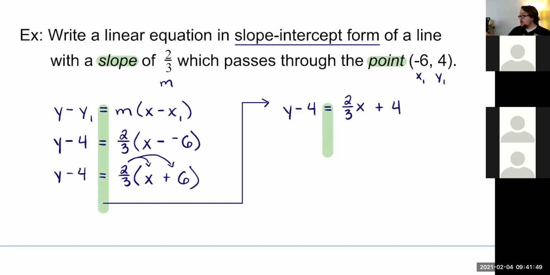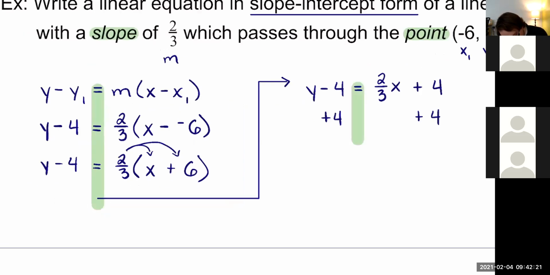Dustin, you're saying slope-intercept form is y equals mx plus b. If I think about y equals mx plus b, a very key piece I could identify is that the y is always by itself. Is the y currently by itself? No. Yep, it's got that -4 we need to adjust. And to get rid of it from this side, I'm going to add 4. But as with any equation, whatever you do on one side, you have to copy it on the other.